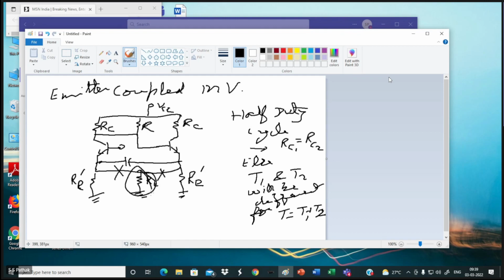So earlier this RE was equivalent to half of RE dash. So if I realize it that way, it will be twice RE coming here, twice RE coming here. It will be R1, R2 divided by R1 plus R2 in parallel combination. Both are equal, so it becomes R square by 2R.